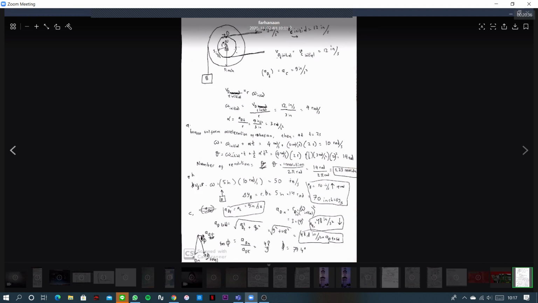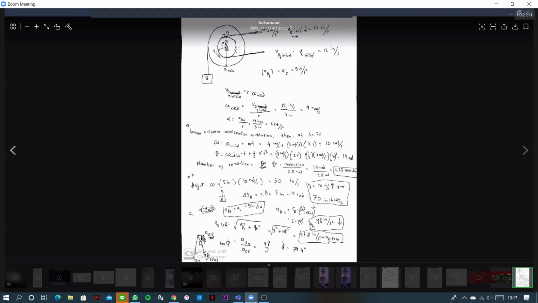We get it by calculating the radius of D, the small gear, times the angular velocity squared, which is 48 inches per second squared to the center of the circle. The total acceleration is the square root of tangential acceleration squared plus normal acceleration squared. We get 48.8 inches per second squared.